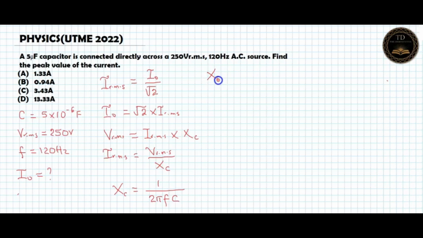XC will be equal to 1 over 2 times 3.142, that's our pi, times f, which is our frequency, 120 hertz, times C, the capacitance of the capacitor, which is 5 times 10 raised to the power minus 6.